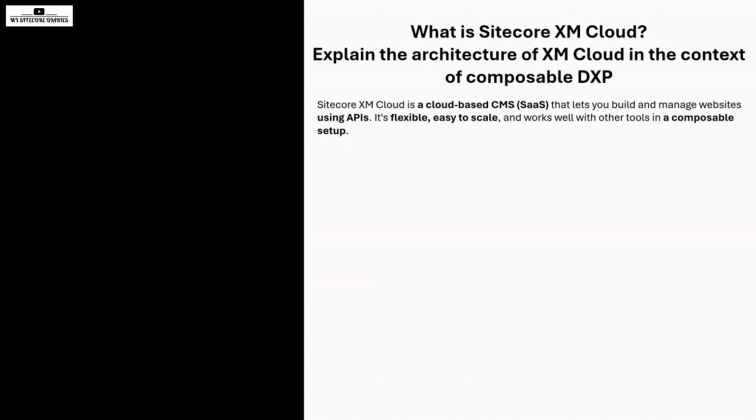So XM Cloud is a Sitecore SaaS product which allows you to build and manage a website using REST APIs. It's flexible, easy to scale, and works well with the other tools in the composable setup. So it is compatible with other composable architecture products. As it is a cloud SaaS product, you will also get the advantages of the cloud. So it's flexible and easy to scale.